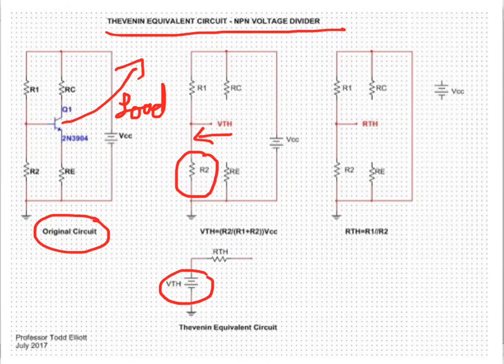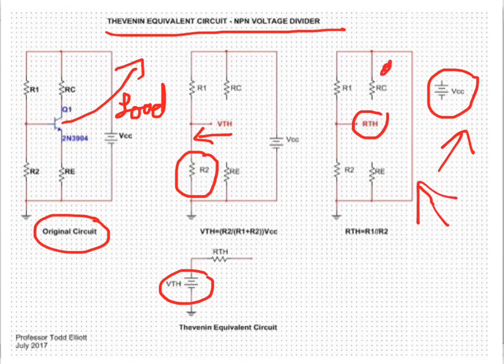The other thing to do is to calculate the Thevenin resistance, RTH, and by doing that you remove the power source, VCC, and replace it with a short circuit.